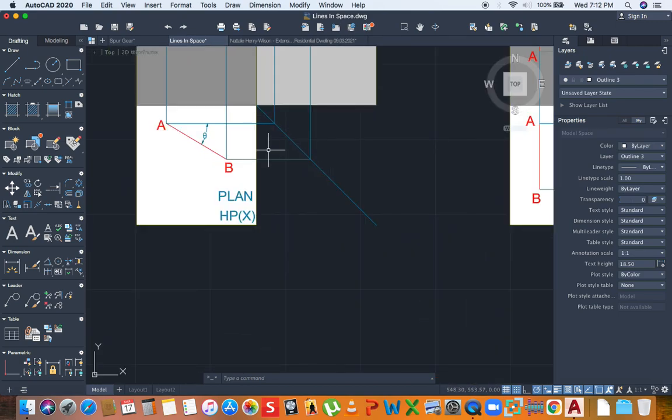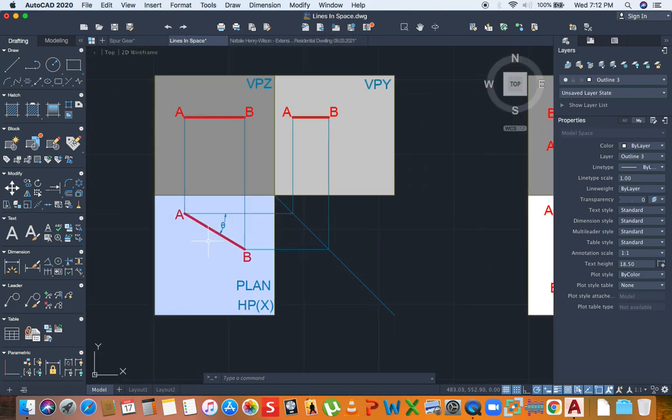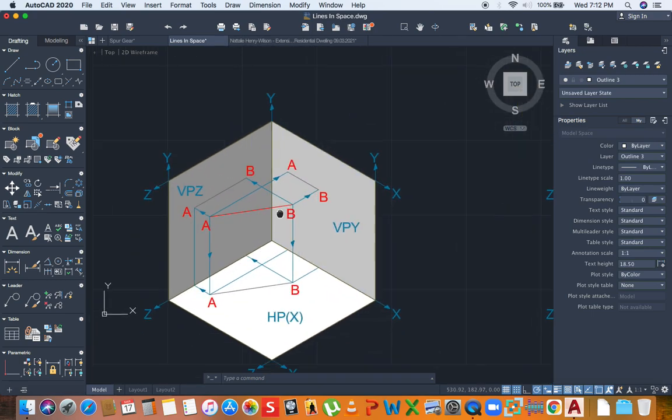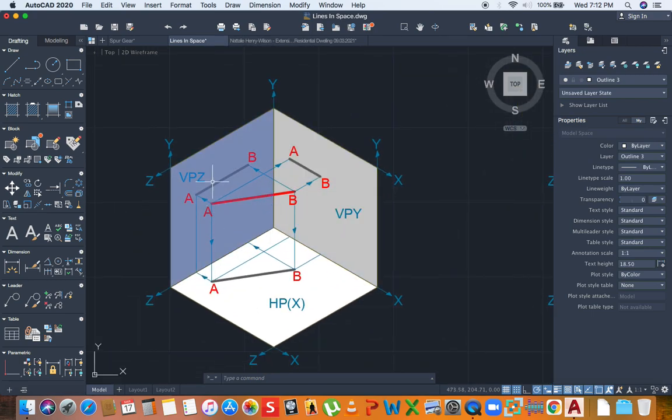Over here, this line is on the horizontal plane and shows the true length. It is sloping at this angle to the vertical axis. So this is the vertical axis and this is the angle right here.